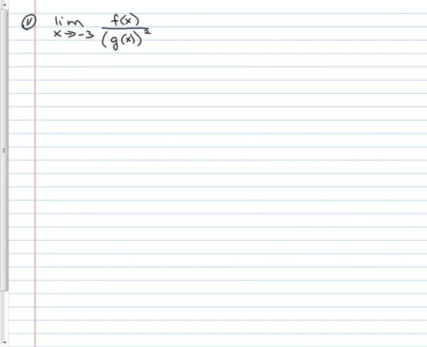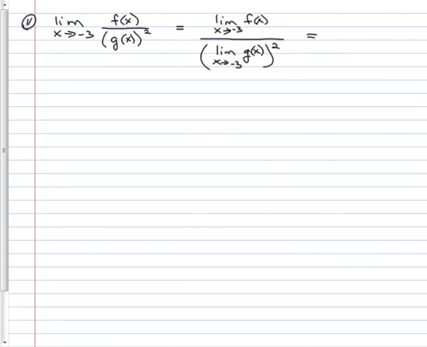This is using the rules of limits. This is equal to the limit of the function f as x approaches negative 3 divided by the limit of the function g as x approaches negative 3, squared. Our property says we can just do this.